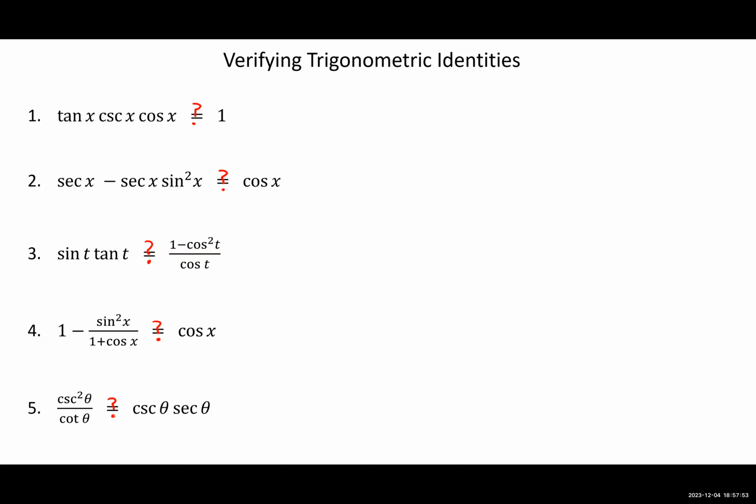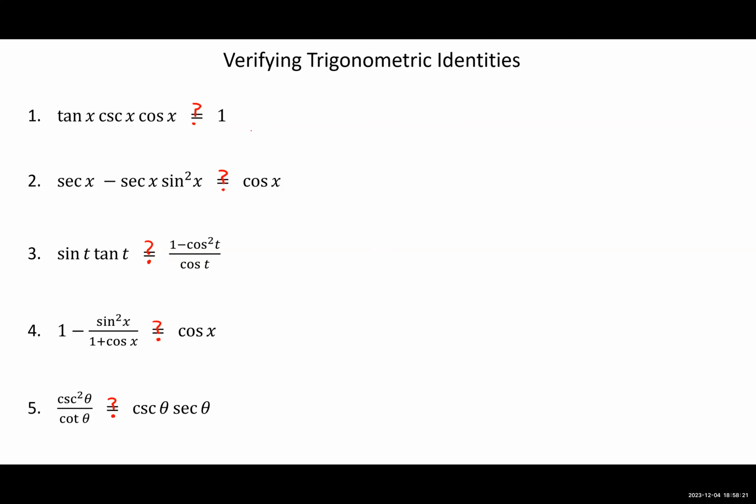There are two general ways to verify that an equation is true. When an equation is always true for every value of x or t or theta or whatever variable you're using, we call it an identity.